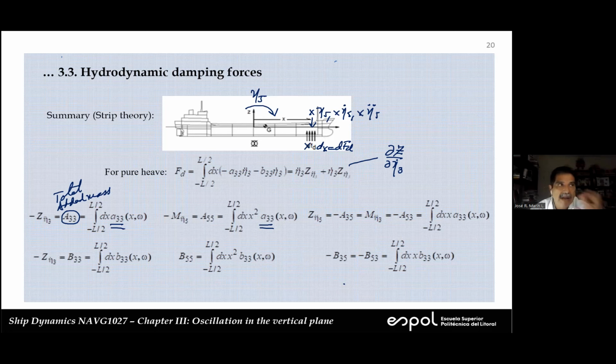And that's because the bow, or the forward part of the hull, is different than the aft portion of the hull. So every time you do that, you have a net moment which tries to make you rotate. Every time you rotate, you have a net force which makes you try to go up. So that means that the two problems, heave and pitch, will always have to be solved coupled.